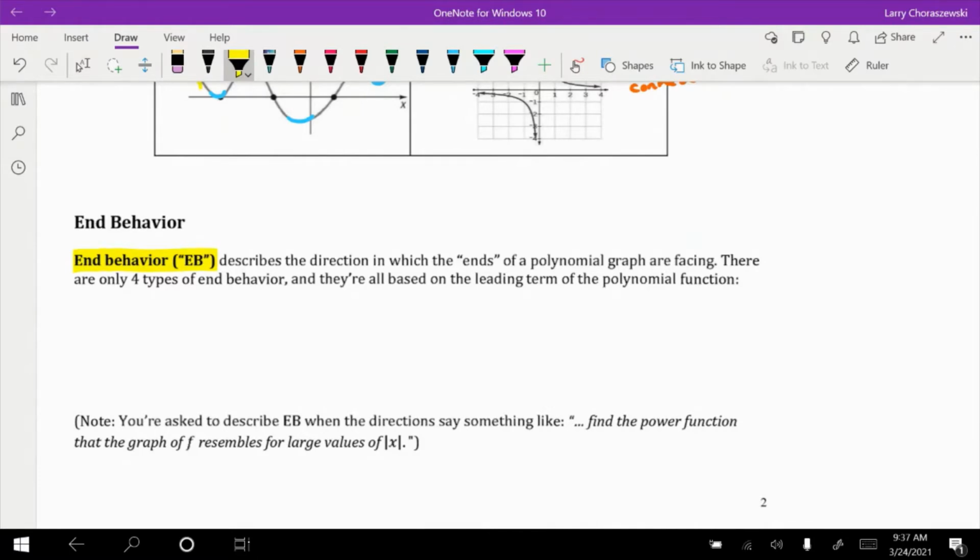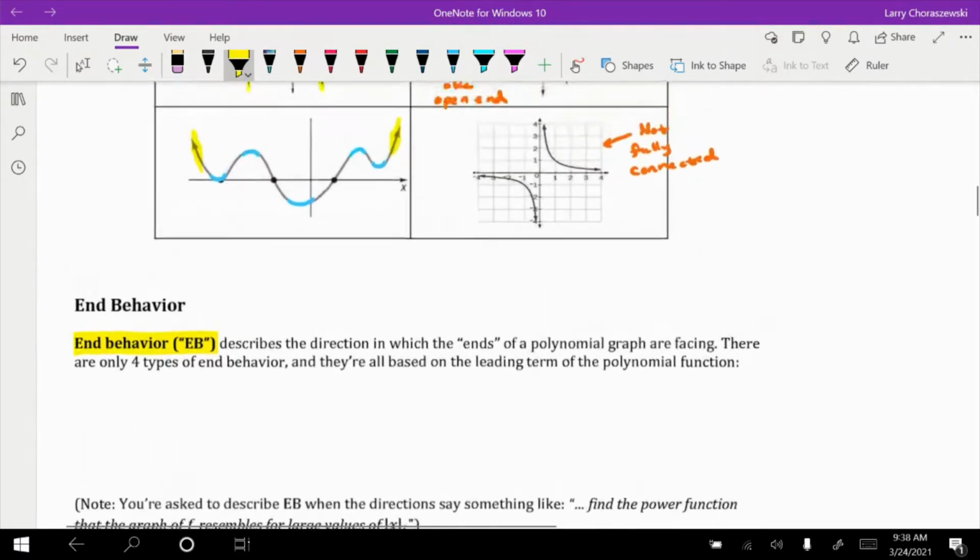End behavior is, or I'll state it this way, when we focus on what the ends of the graph of a polynomial function are doing, we're describing the graph's end behavior.